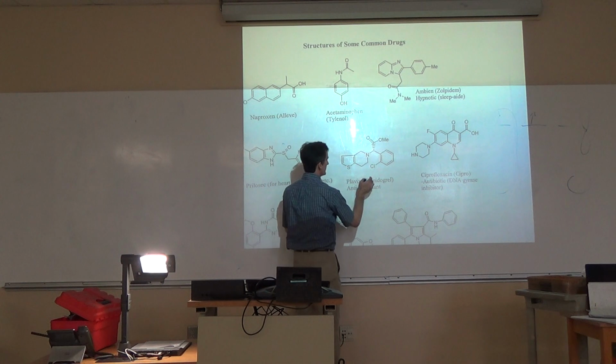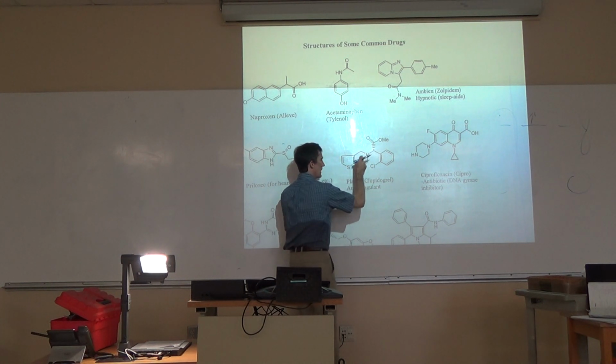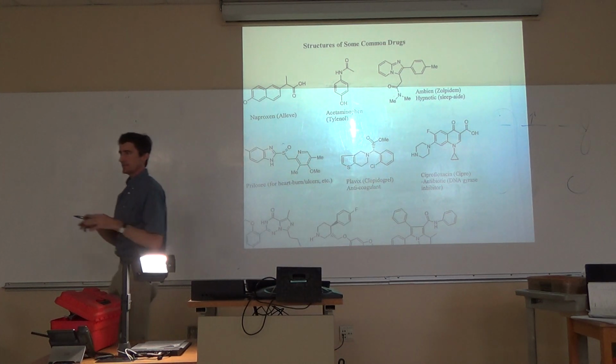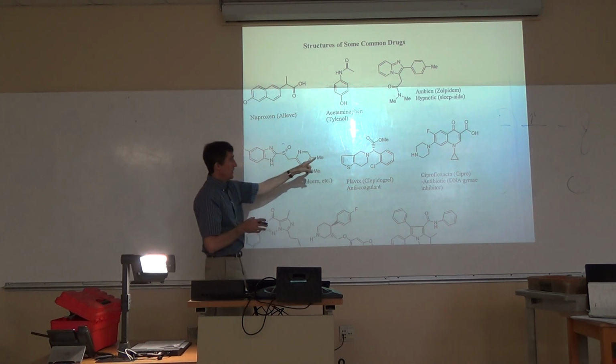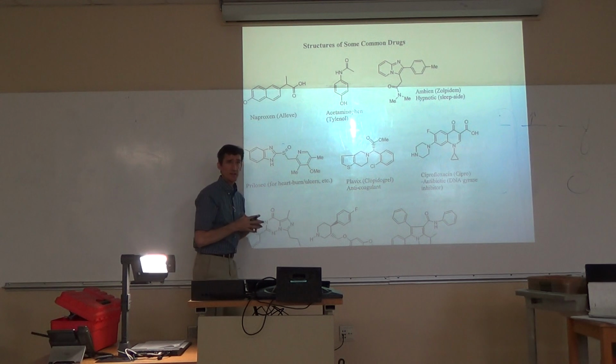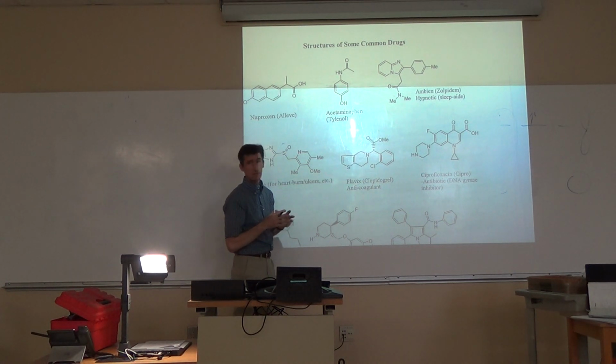Look at Plavix, right in the middle, this nitrogen. Let's ask all the questions about that nitrogen. What's a hybridization? Graph it. Show what bonds are being made using hybrid orbitals. Not a ground state, but a hybridized state configuration. What hybridization do you expect of that nitrogen of Plavix?